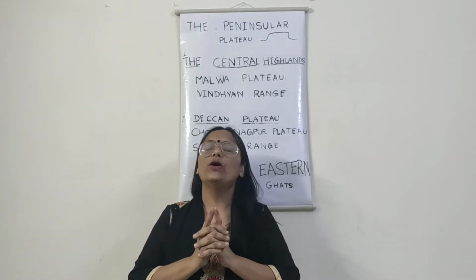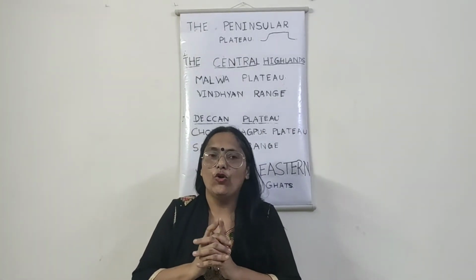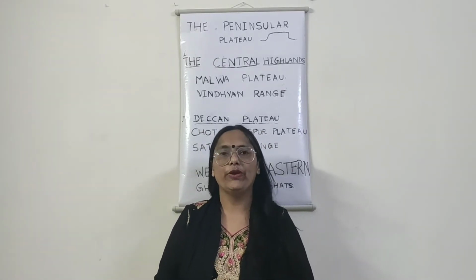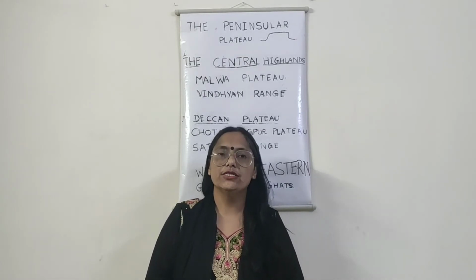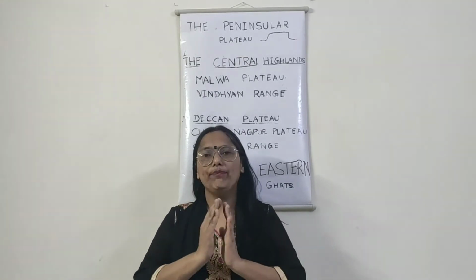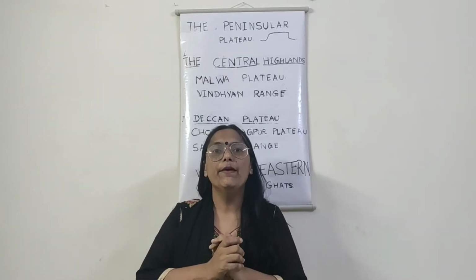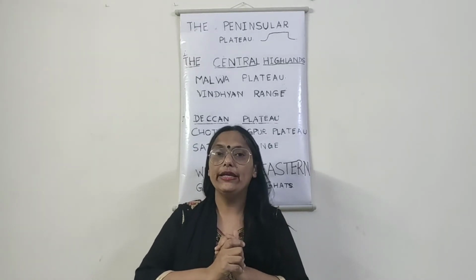When we talk about the Central Highlands, we find here the emergence of rivers. Children, I would like to explain very clearly, there lies a difference between the Himalayan rivers and the peninsular rivers. Himalayan rivers are basically perennial. Why are they perennial?